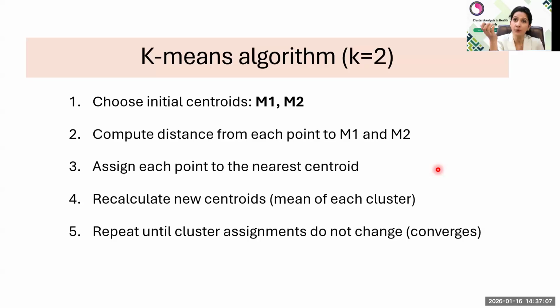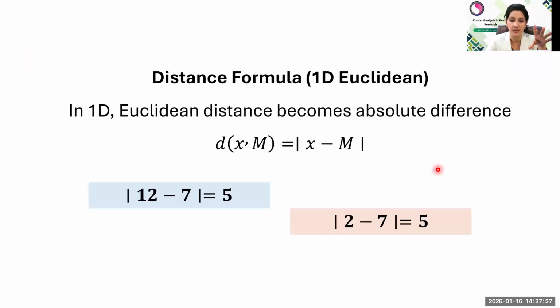Then we recalculate the new centroid, and the new centroid is again the mean of each cluster. We repeat this process until the cluster assignment does not change. I have just read whatever is written here, but we will see this, because you will not understand it unless you see it.